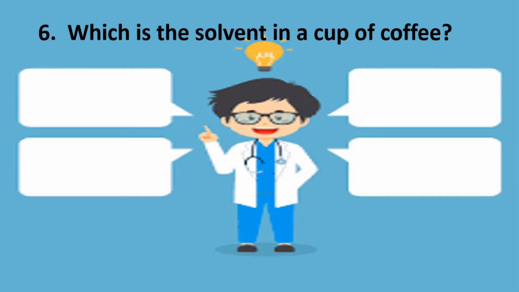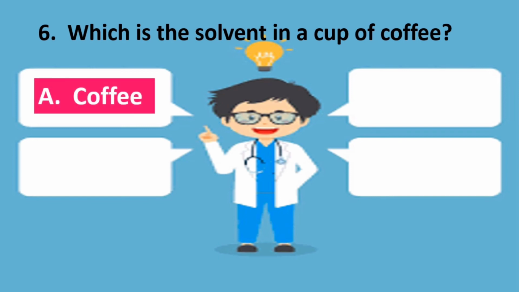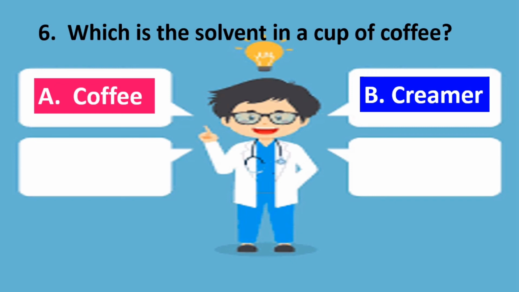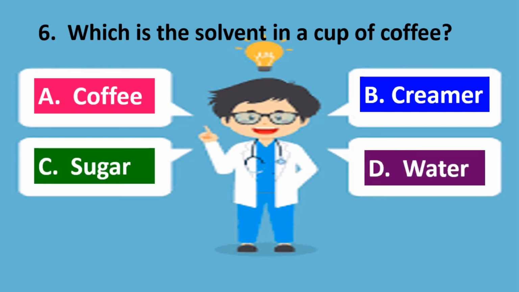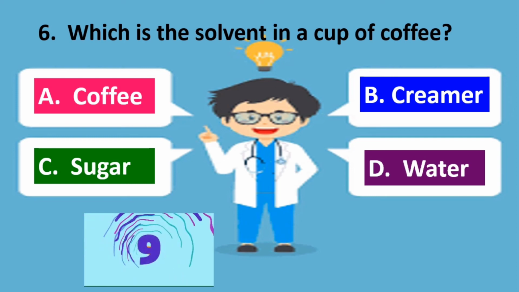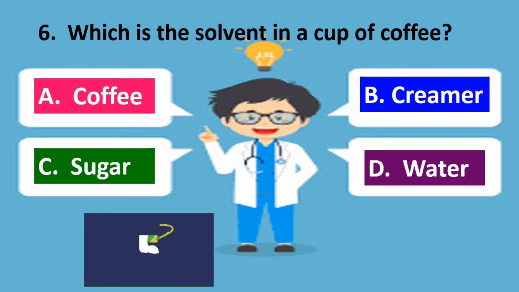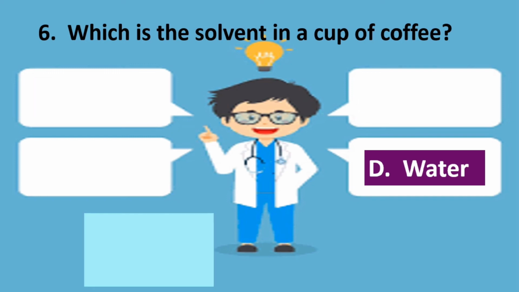Number 6. Which is the solvent in a cup of coffee? A. Coffee. B. Creamer. C. Sugar. D. Water. The solvent in a cup of coffee is letter D, water.